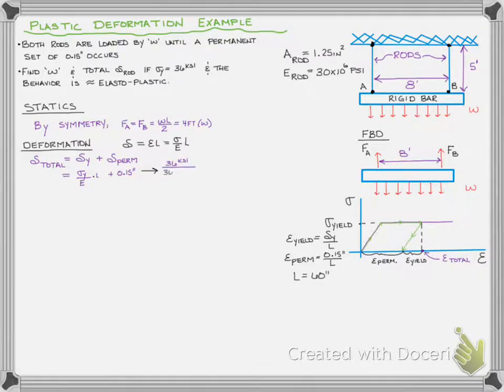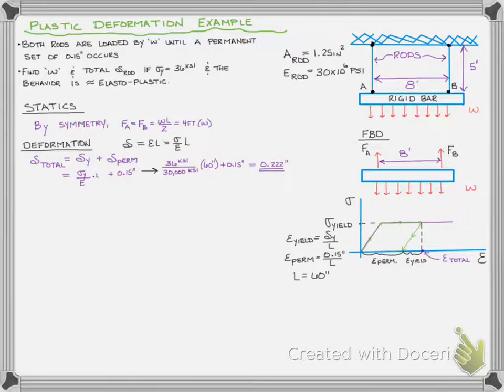So we can rewrite our expression in terms of the yield stress, our modulus of elasticity E, along with the length 60 inches, add that to our permanent deformation, and we get that our total deformation before unloading is 0.222 inches. Interestingly enough, we had about 0.072 inches of elastic deformation that was recovered, that snap back you get upon unloading.